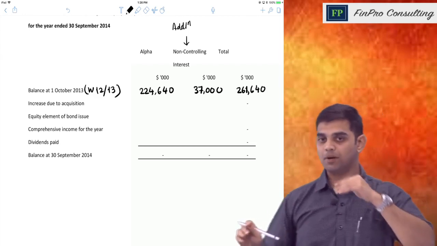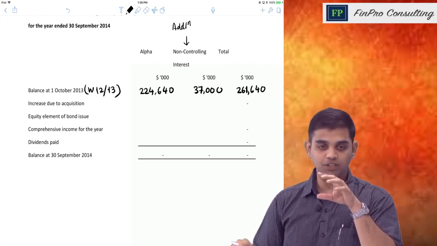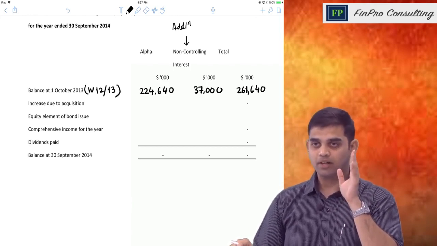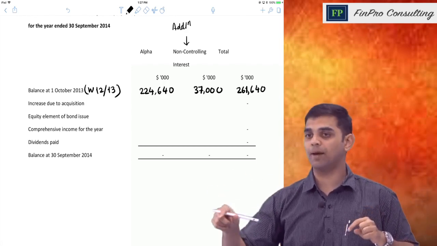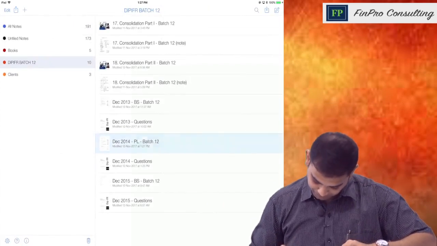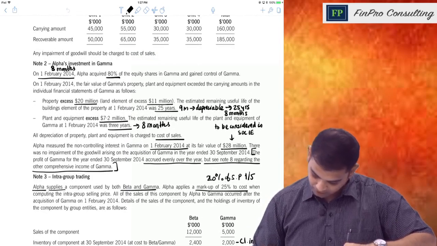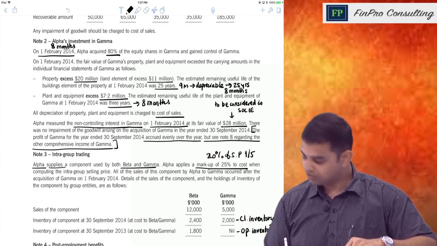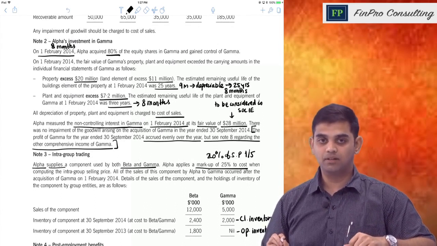Now we have completed last year's acquisition. Because of the current year's acquisition there was an increase in non-controlling interest, right? So what was the fair value of non-controlling interest relating to gamma for this current year? This is given in the problem again. Look here, alpha measured non-controlling interest in gamma on 1st February 2014 at its fair value at 28 million, right?